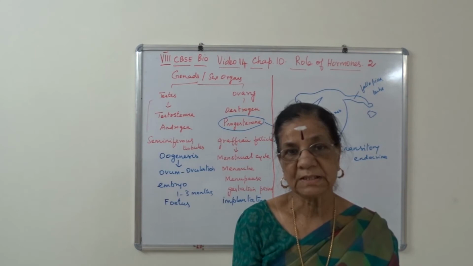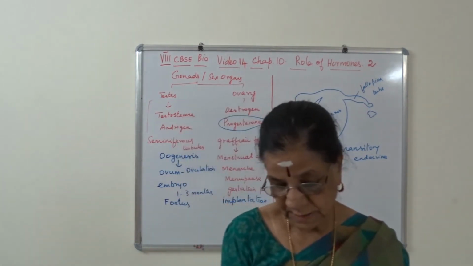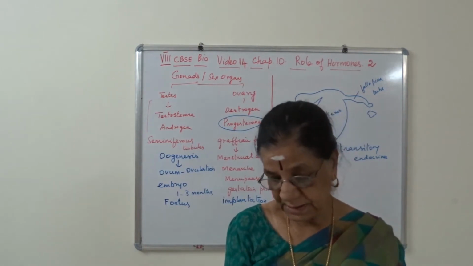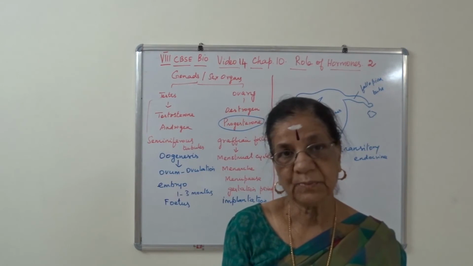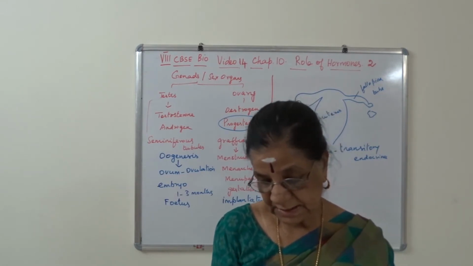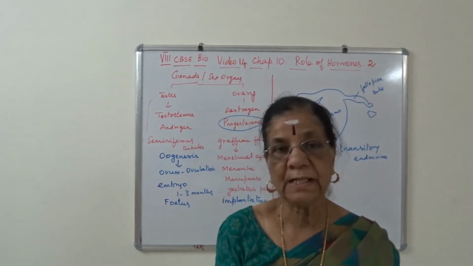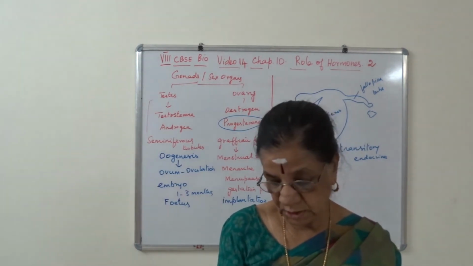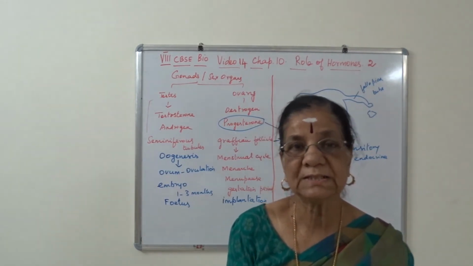I hope you understand. Estrogen is responsible for the appearance of secondary sexual characters in female, such as changes in body structure and production of eggs, while progesterone is involved in changes that take place during menstrual cycle.